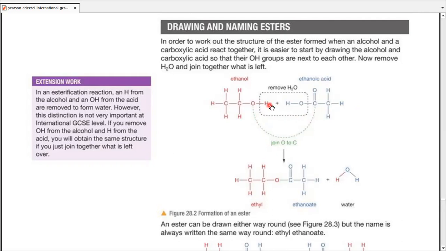Now, take H out of the alcohol and OH out of the acid group to form water. This H and OH would react to form water. Now combine the rest by combining oxygen to carbon, and there you go, you'll get this structure. Make sense?